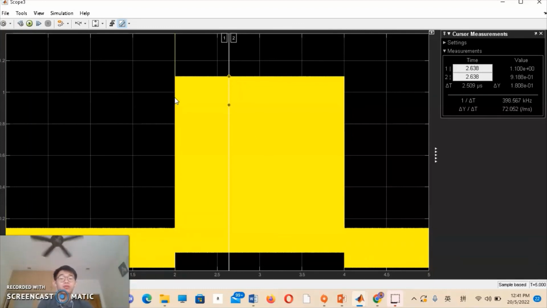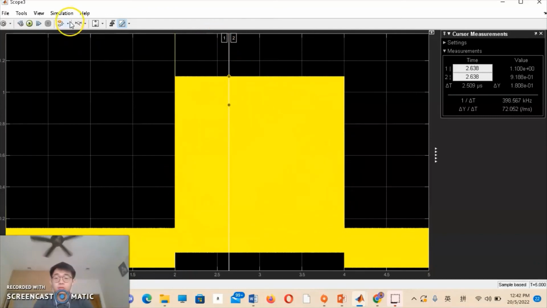So there will be diode current flowing through the inductor, and basically the inductor current will be equivalent to the diode current. This part will be the time when the switch is switched off.